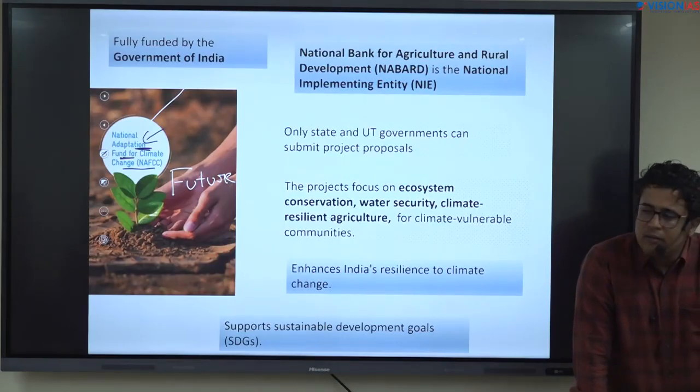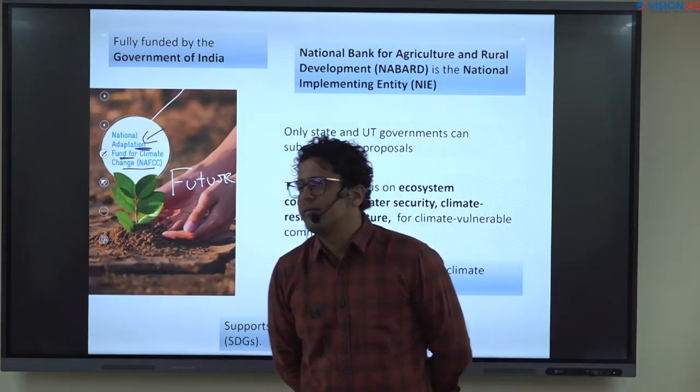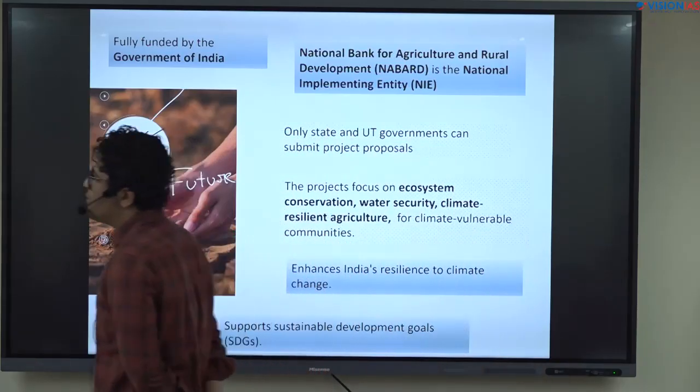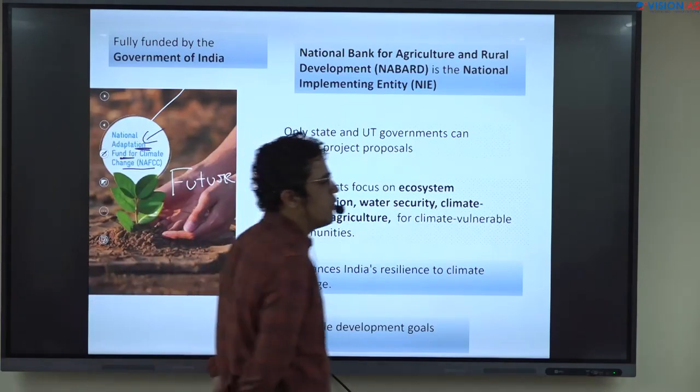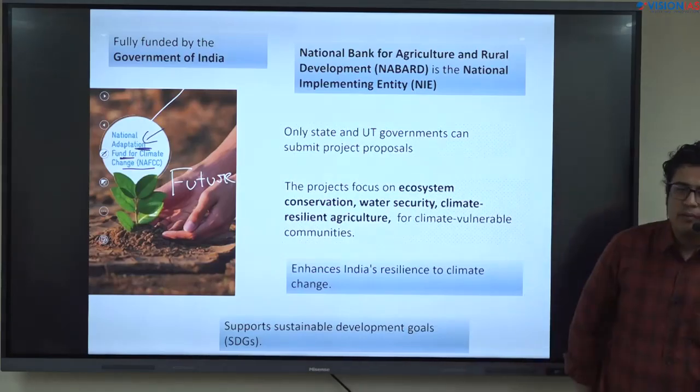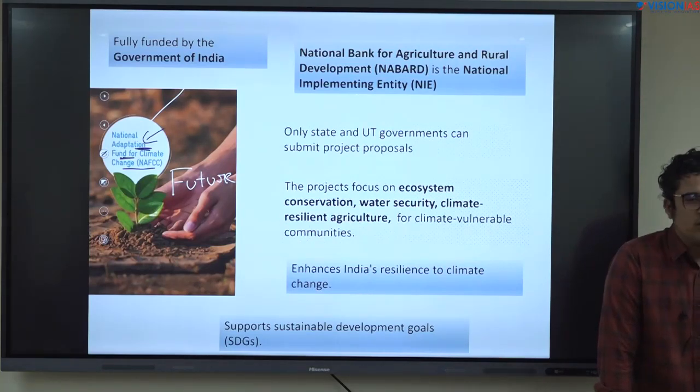Mitigation is concerned with present strategies to reduce GHG emissions. Example, promoting renewable energy. Full stop. Change the para.